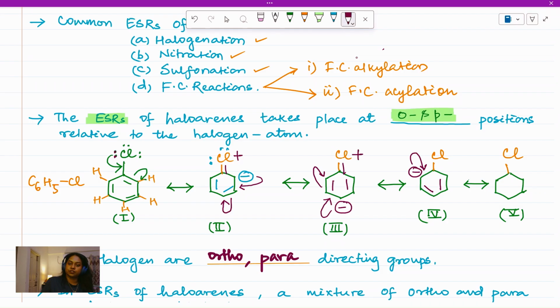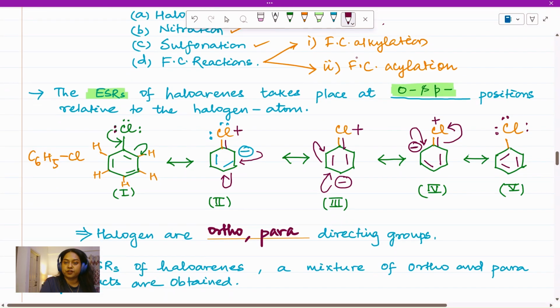So this has a positive charge and a double bond. And what happens in the last step? This negative charge becomes a new double bond, and this double bond on chlorine goes back up to chlorine, and chlorine gets its three lone pairs back again. Here you have the new bond, and these were the two earlier bonds. Now we have five resonating structures of chlorobenzene.